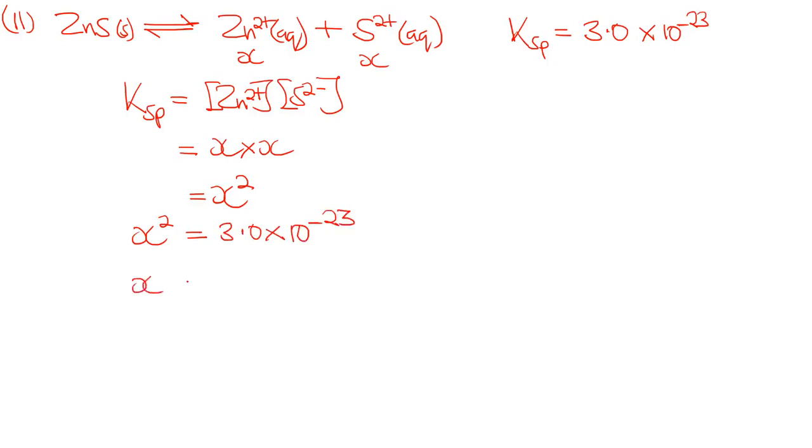And X is equal to the square root of 3.0 times 10 to the power negative 23, which gives us 5.5 times 10 to the power negative 12.